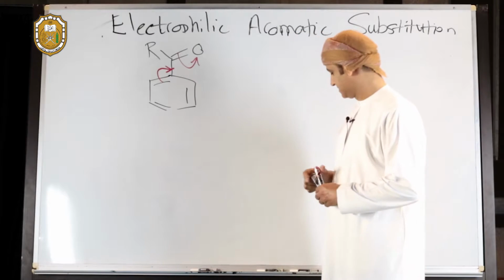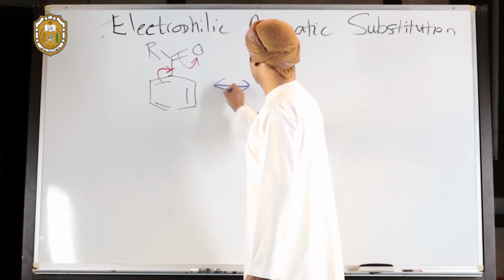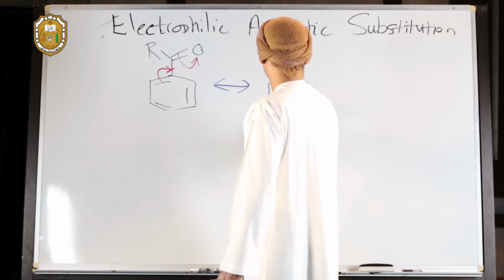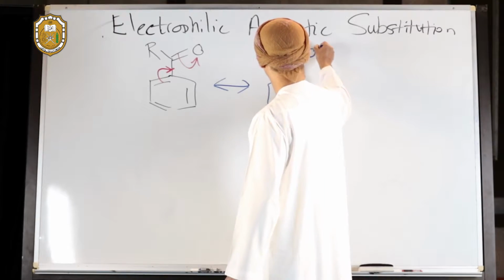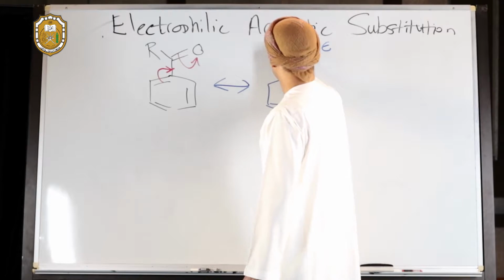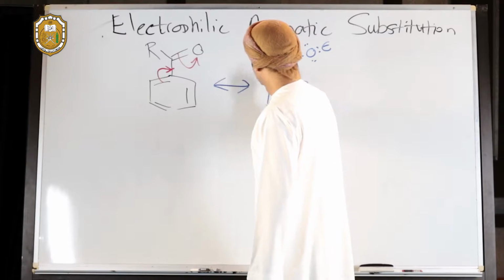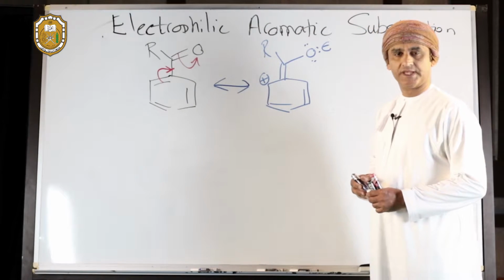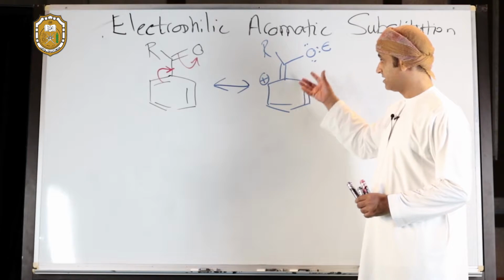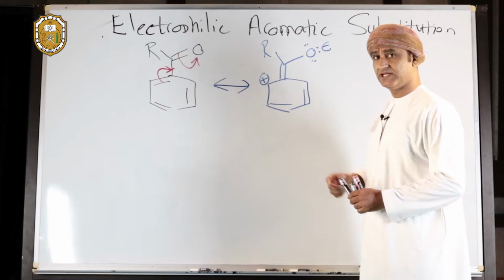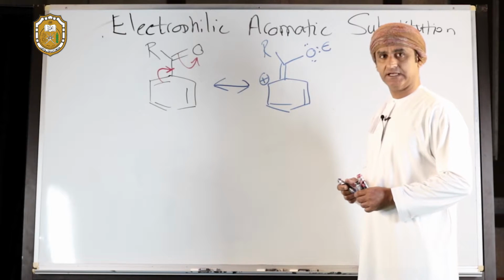Now, this will give us another resonance form as a result of this withdrawal of electrons. Now, we could see that that carbon, as a result, carries a positive charge. So there is therefore resonance withdrawal in this phenyl ketone.